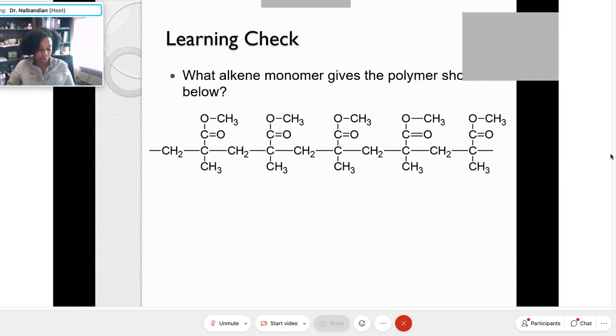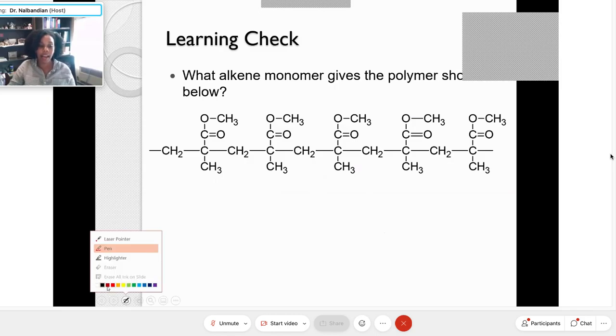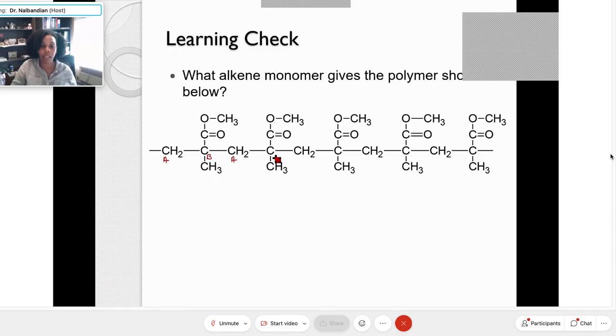All right, so now we're to our final section of material. This is our polymerizations. So our polymerizations, remember we get this long chain alkane, and the alkane is made from alkenes. So we look for our repeating units. So what's the repeating unit? Call it AB. AB. AB.